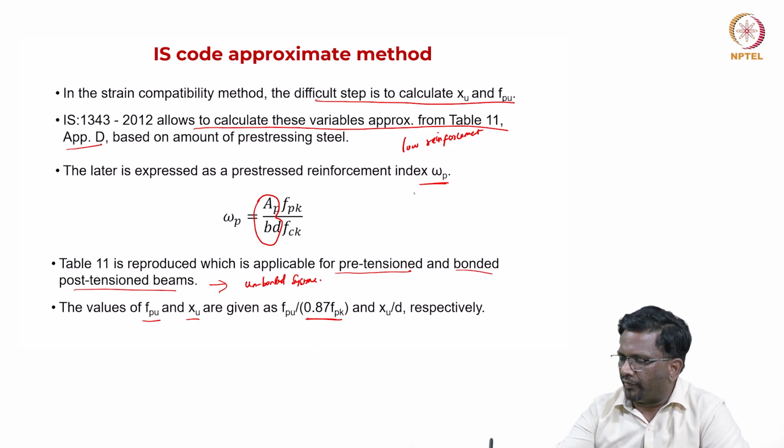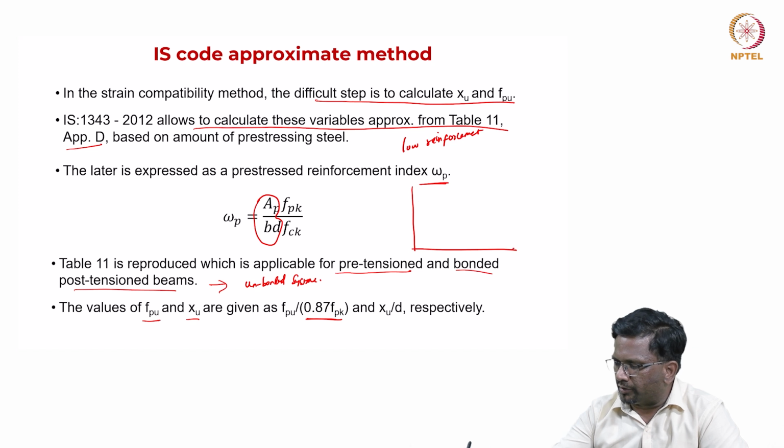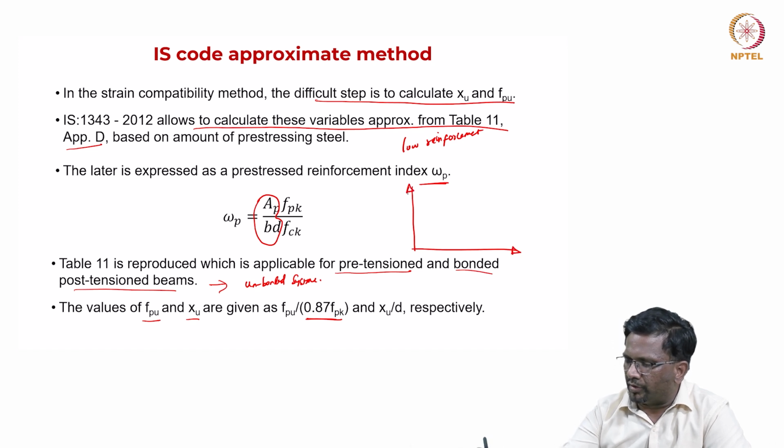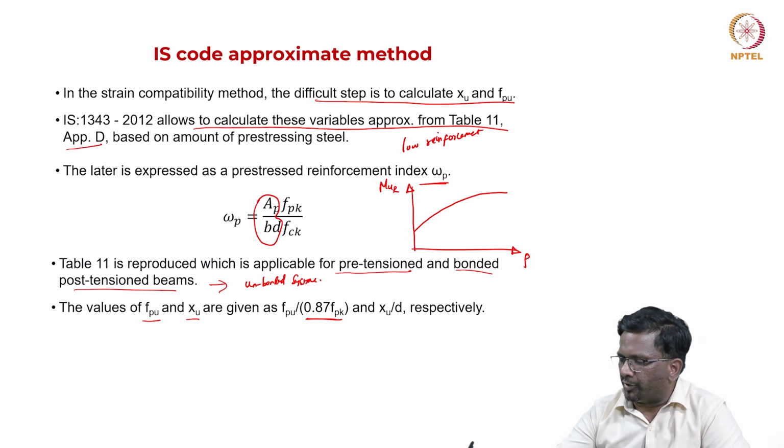So, typically when we do the moment curvature analysis, if you plot MUR against the reinforcement ratio, you get this kind of response, and somewhere here you get rho balanced.